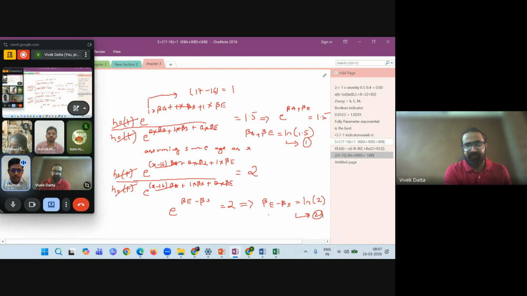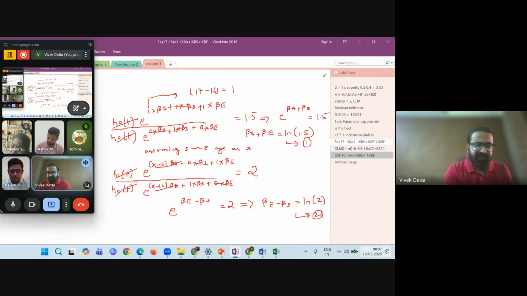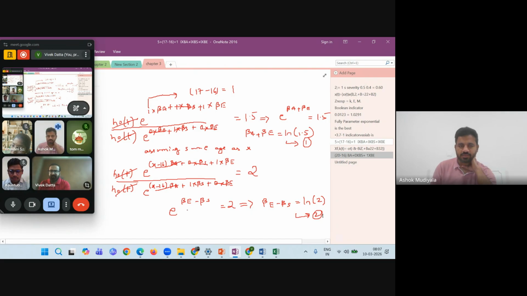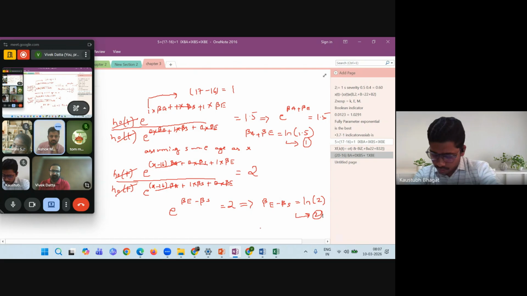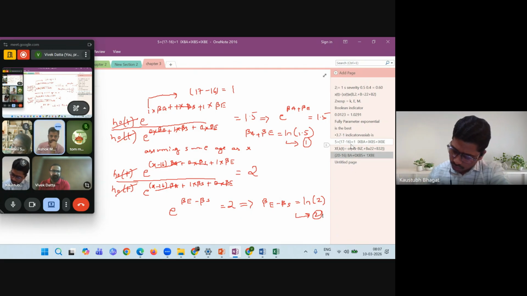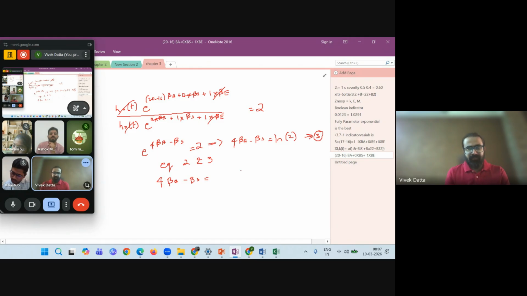Yes, beta E minus beta S, correct. So I get 4 times beta a is equal to beta e, or beta a is equal to 0.25 beta e.